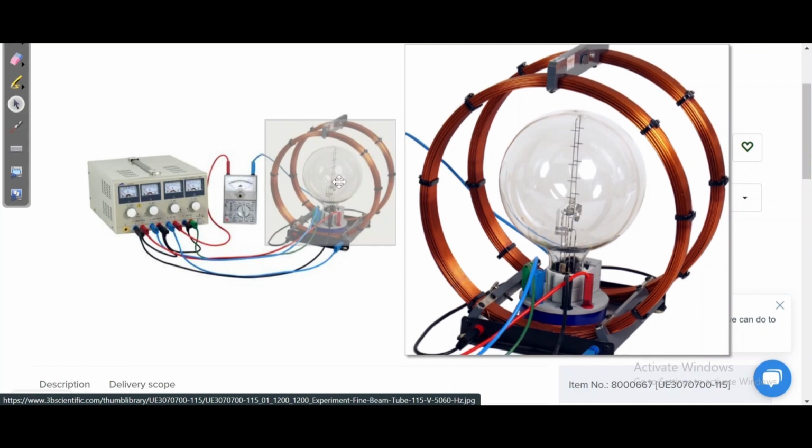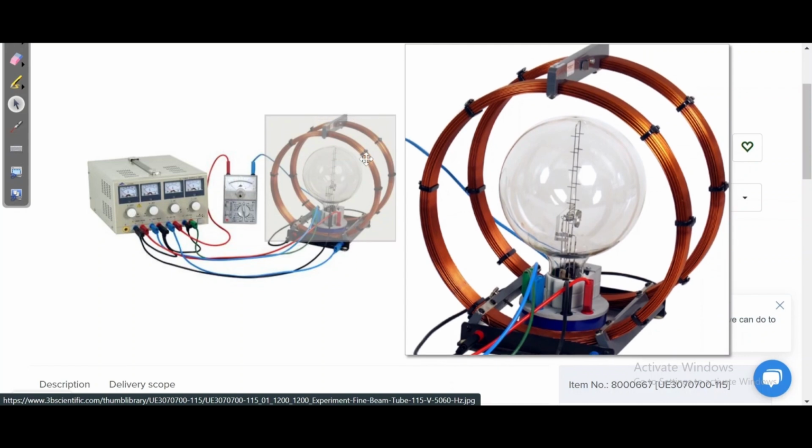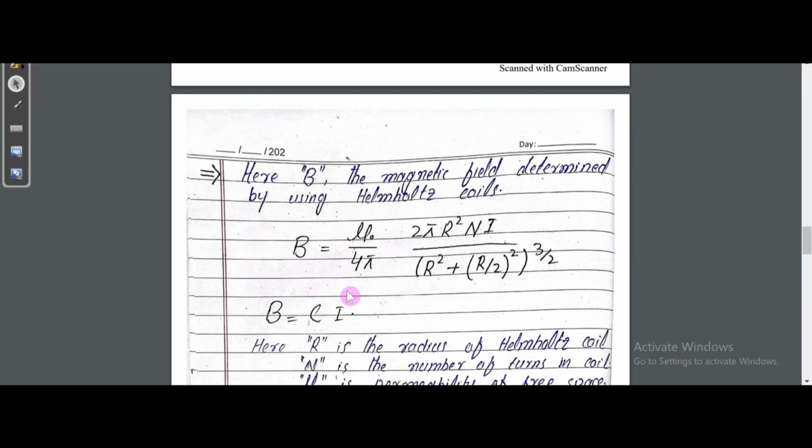So how to find the magnetic field of this coil? For that we have this formula, that the magnetic induction B is given by mu naught, the permeability, which has a constant value.